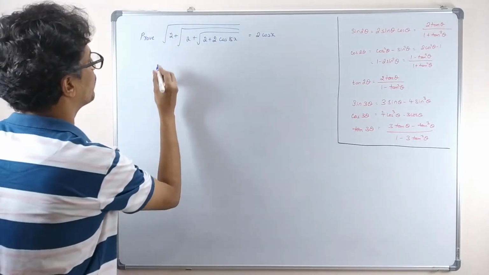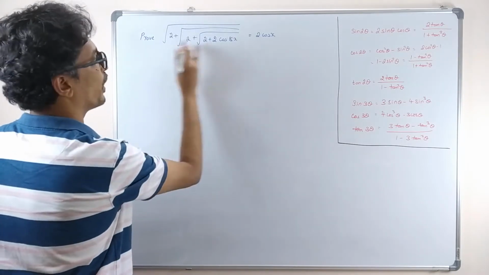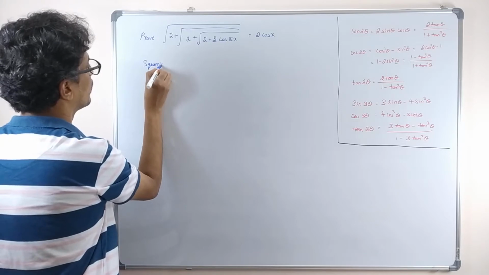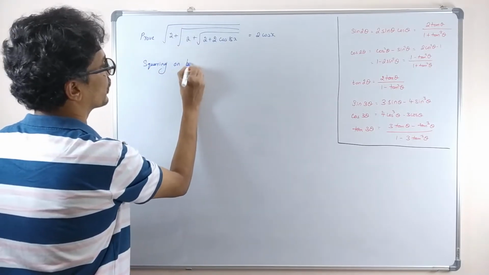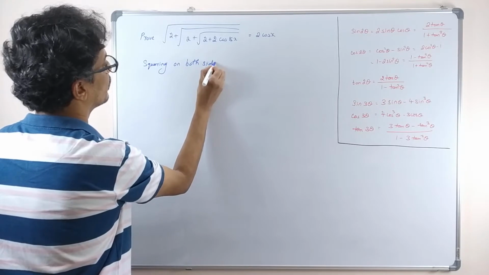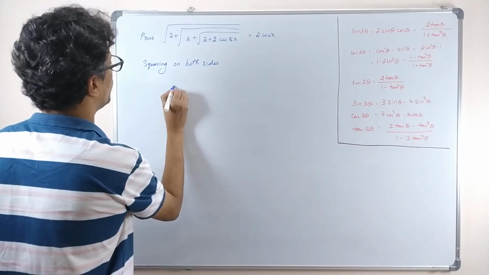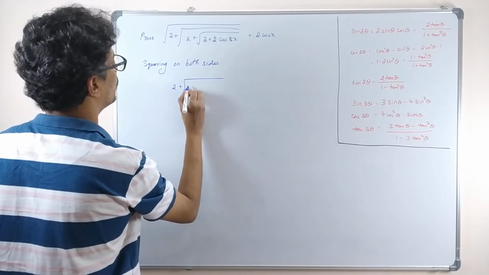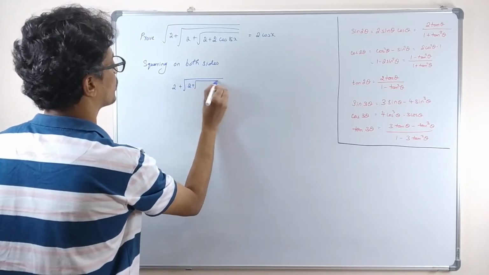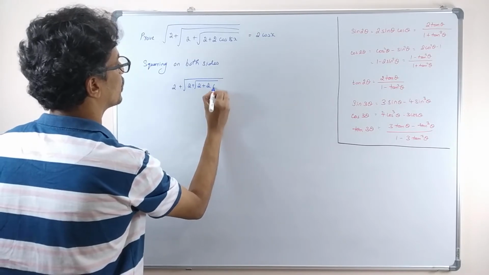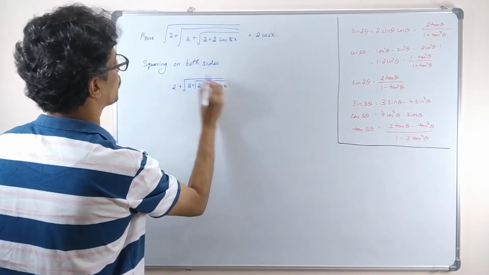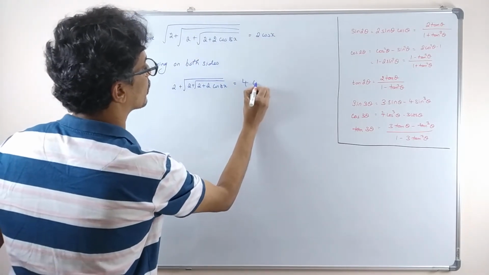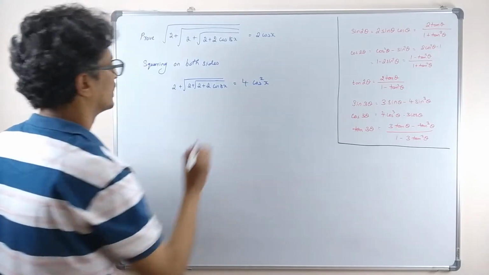So what we have given, so I am going to square on both sides. Squaring on both sides. What will happen? Tell me. So this will be 2 plus square root of (2 plus square root of (2 plus 2 cos 8x)), correct? So once the main square root has gone, and here it will be 4 cos square x, correct?